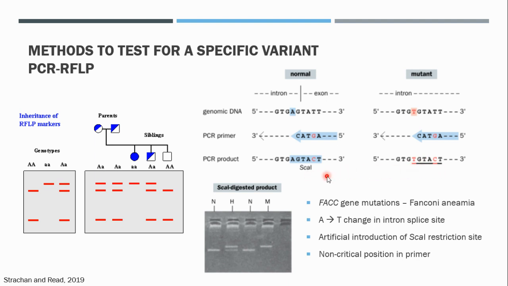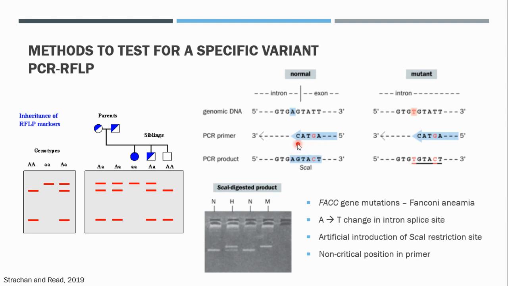And therefore, there is no AGT-ACT site. As you can see, instead of the A, we have a T here. So what happens is that the SCAR1 restriction enzyme can bind to the PCR product in a normal patient, but it cannot bind to the PCR product if the patient had a mutation or an A to T transition at that position. So let's go over this again.